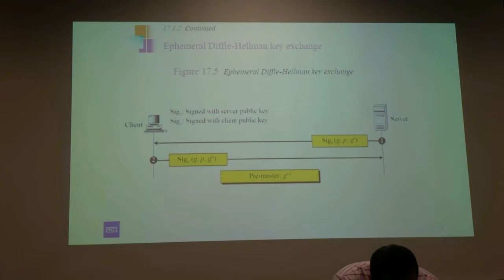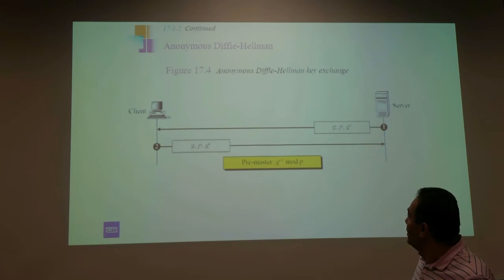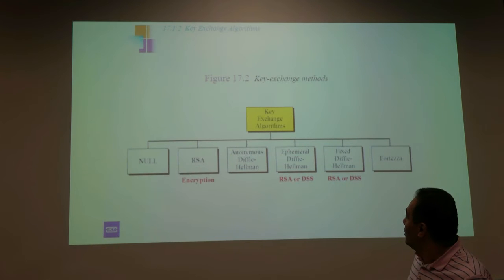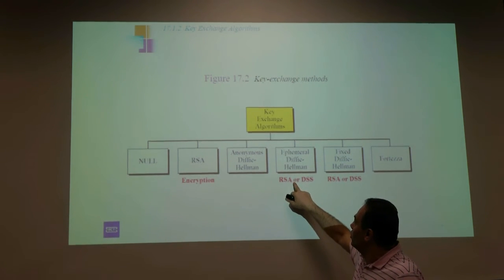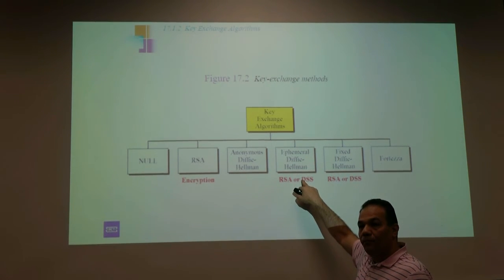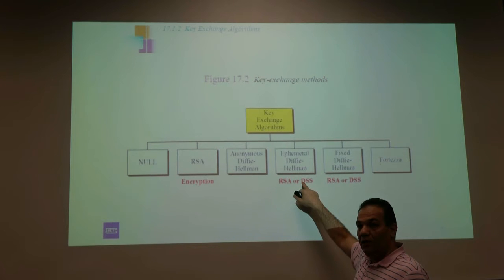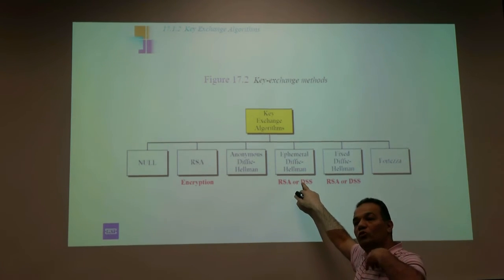The public keys for verification are exchanged using RSA. That's why we see here, we can go back. The RSA or the DSS, what is this for? To share or to certify the public keys. It's not enough to have my own public key; you have to make sure it's mine.